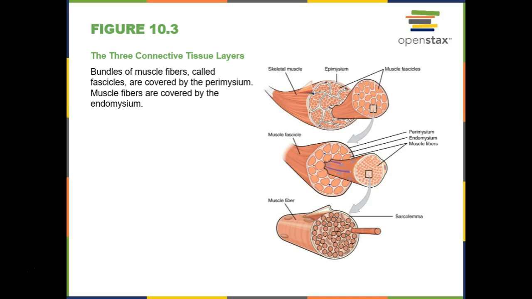When we have those large muscles, those muscle fibers get bundled into groups, and those groups are called fascicles. Surrounding the entire muscle, we have a connective tissue wrapping called the epimysium. Epimysium is composed of dense, irregular connective tissue, and it actually runs all the way to the tendon.